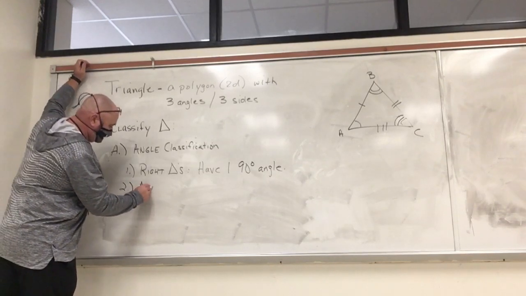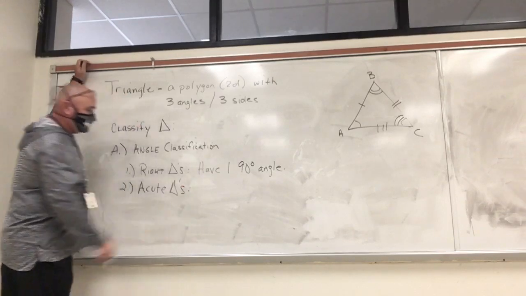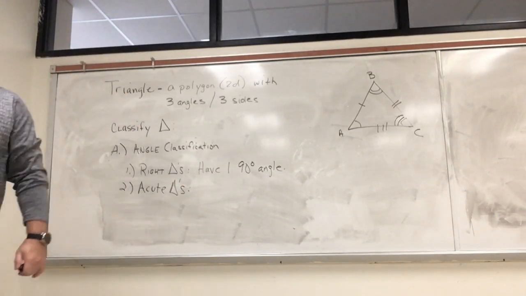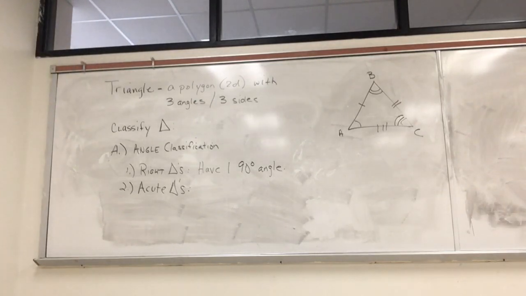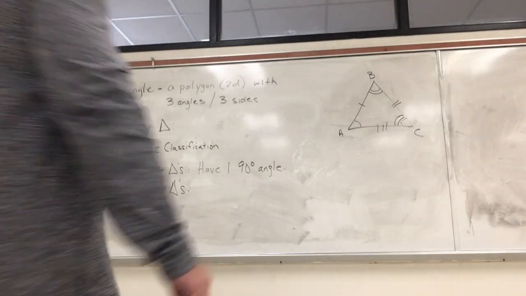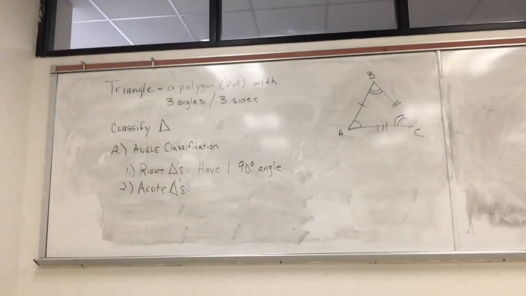Number 2, acute triangles. In an acute triangle, all three angles must be acute. And what does the word acute mean? Less than 90 degrees.